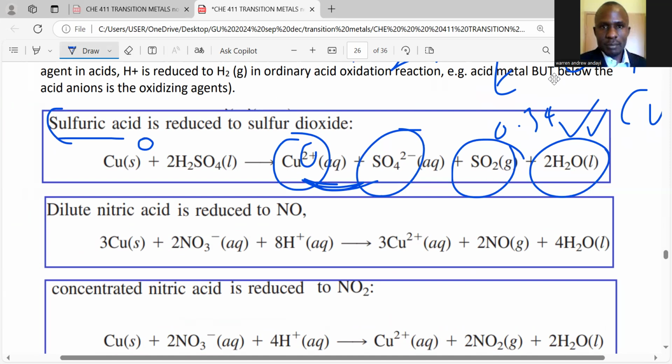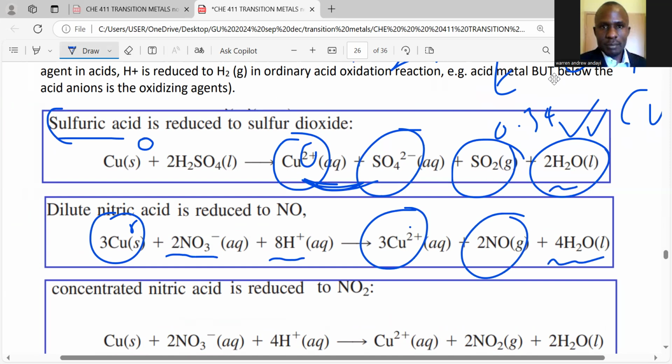What about nitric acid? First of all, let's see when it's dilute, because that represents your nitric acid. When it's dilute, what do we get? Oxidation is happening from 0 to +2. What else? We get a gas called nitric oxide. The other obvious product is water. Then when you make it concentrated, what do you get?